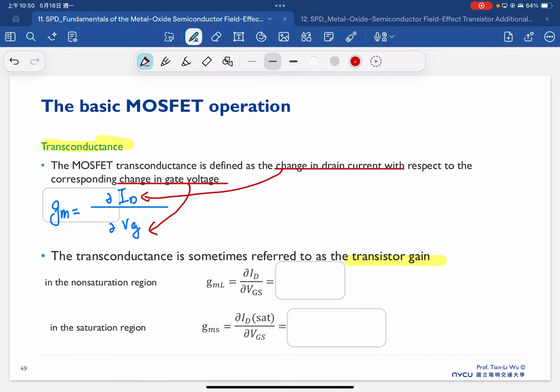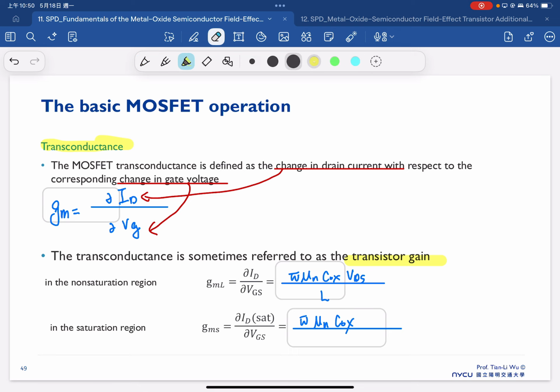So we have here W, mobility, Cox, VDS, over the channel length L. And in the saturation region, it's W, mu and Cox over L times VGS minus VT.